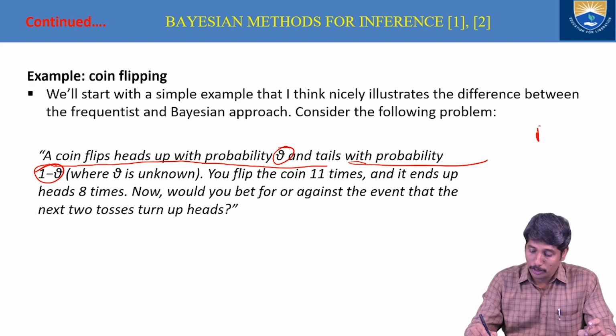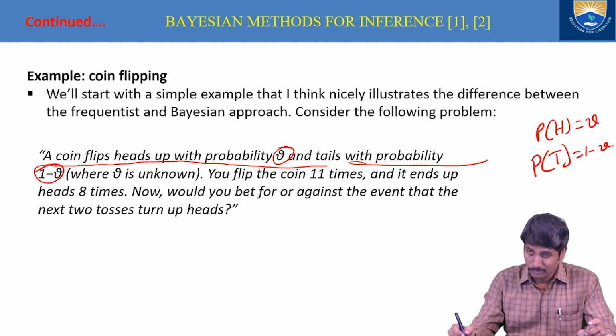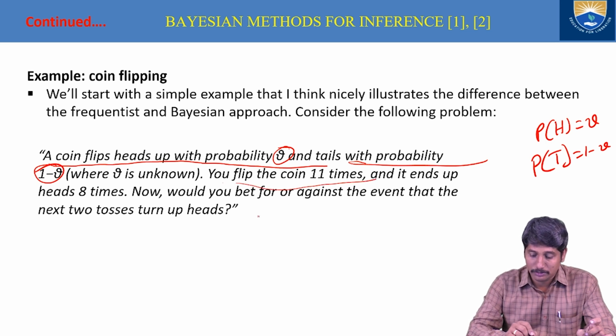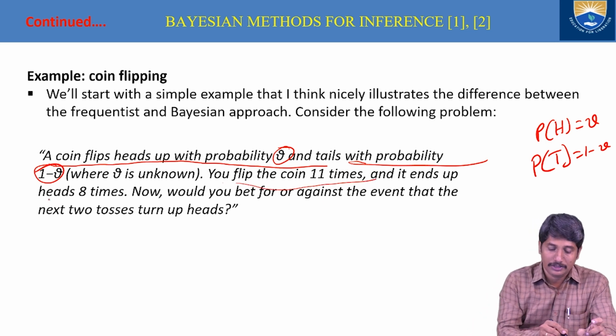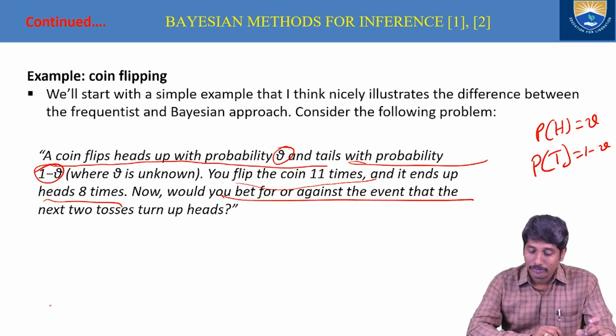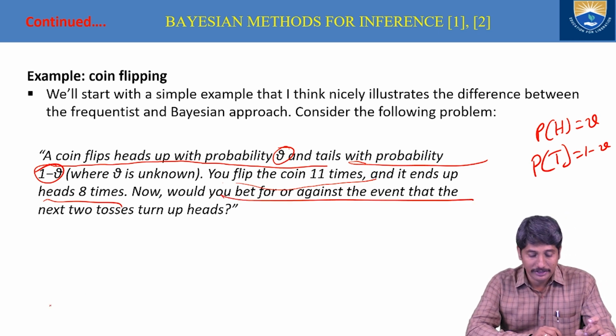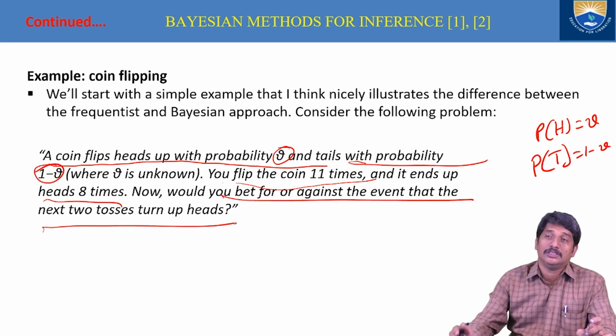If mu is the probability of head, automatically the probability of getting tail will be 1 minus mu, like failure is equal to 1 minus success. You flip the coin 11 times and it ends up with heads 8 times. Now, would you bet for or against the event that the next two tosses turn up heads?